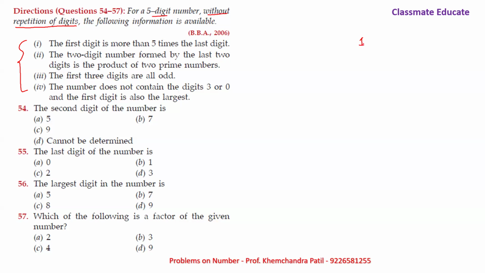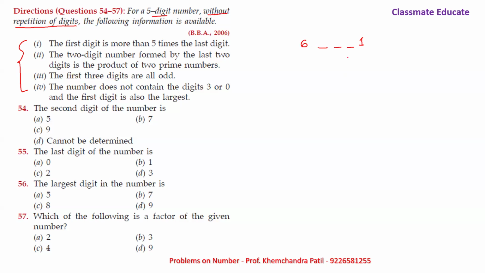Because if you take two, then five times two becomes 10, and we require a digit here. So the last digit will be one. Then the first digit will be more than five times the last digit. So five times one is five, and more than that means six.